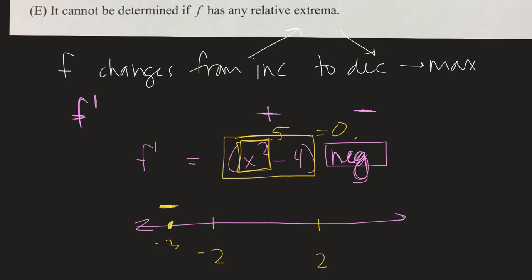What if I plugged in 0? That's a negative 4 times a negative number, which is going to be a positive in between there. And what if I plugged in positive 3? That's once again 9 minus 4, which is 5. 5 times a negative is going to be a negative.